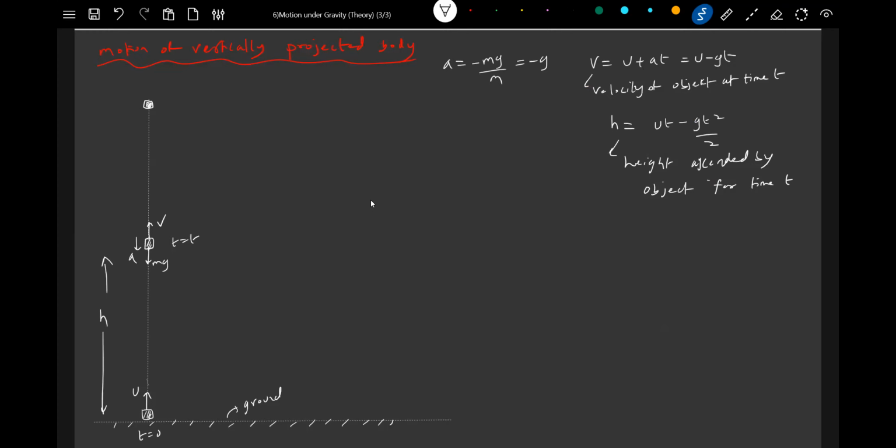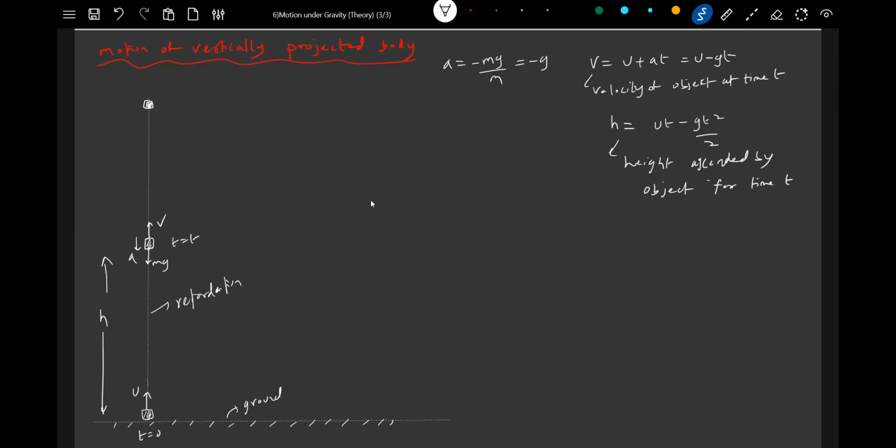After a certain time t, at what height it will be, these are the equations. What is the type of motion it will describe again? It will be retarding motion, or deceleration, and how much deceleration? Equal to g, the acceleration due to gravity.